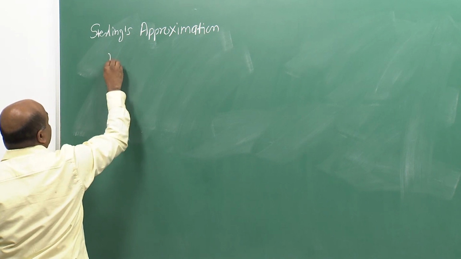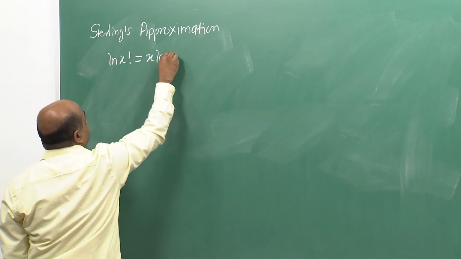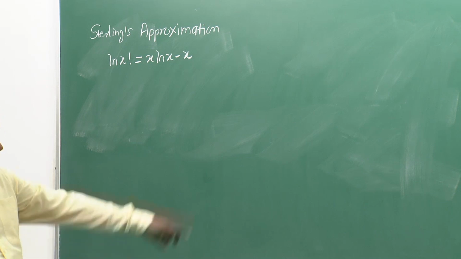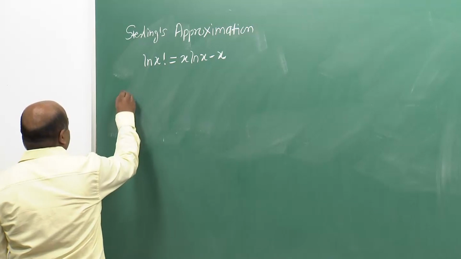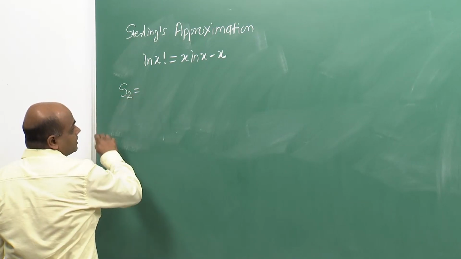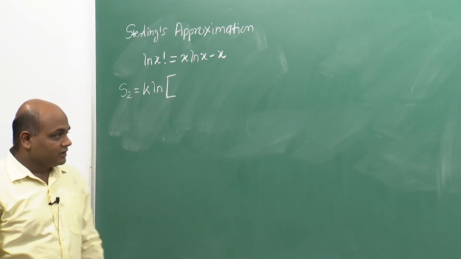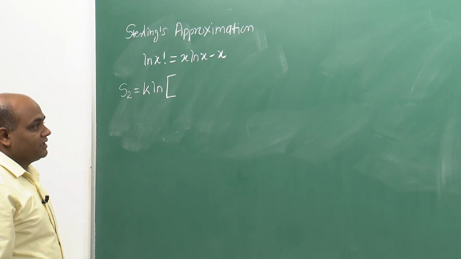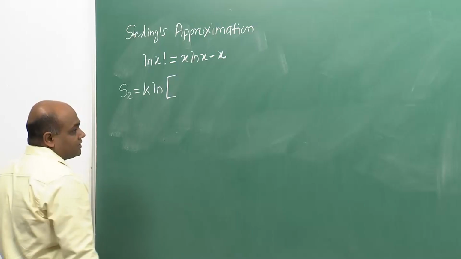It says ln x factorial is equal to x ln x minus x for large values of x. So, if we use this approximation, we can write S2 is equal to k ln, we can rearrange this as ln n factorial minus ln n1 factorial minus ln n2 factorial and so on, and we can use Stirling's approximation for each of the ln terms.